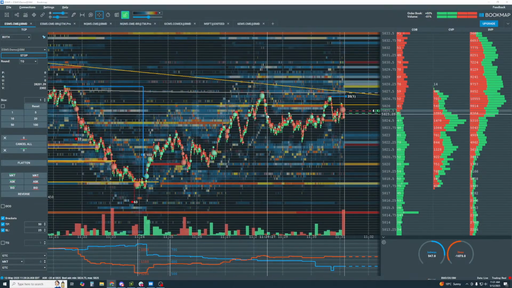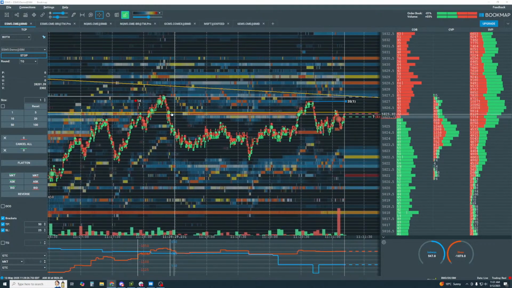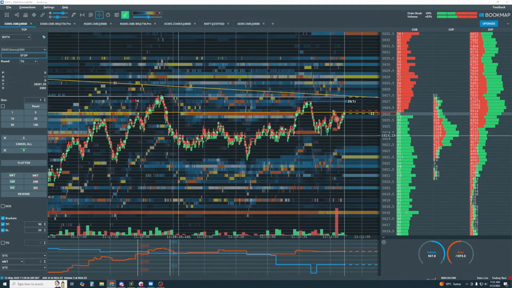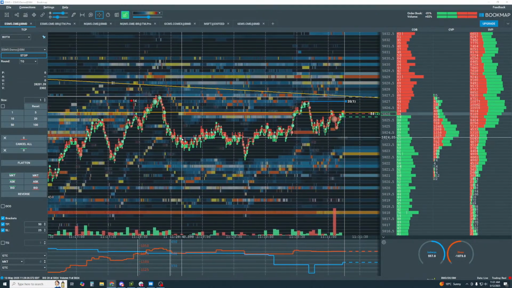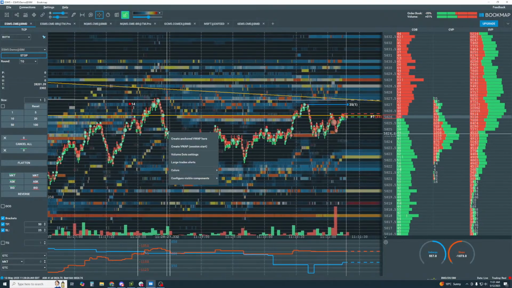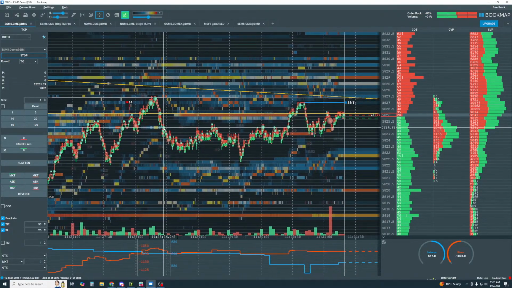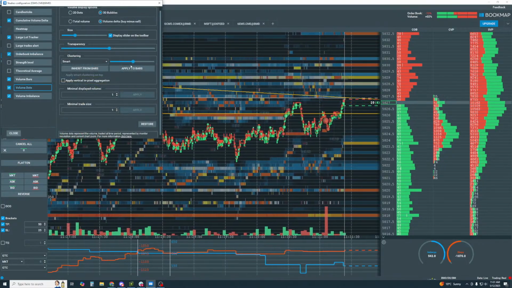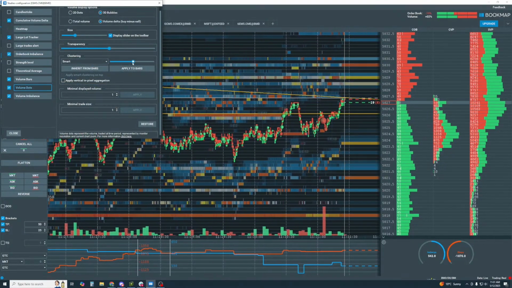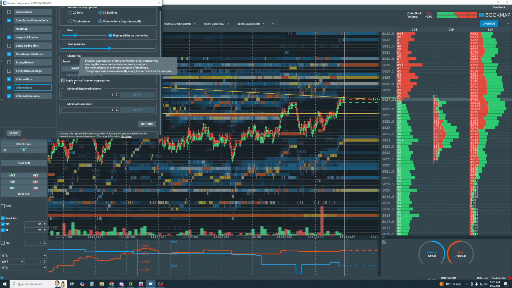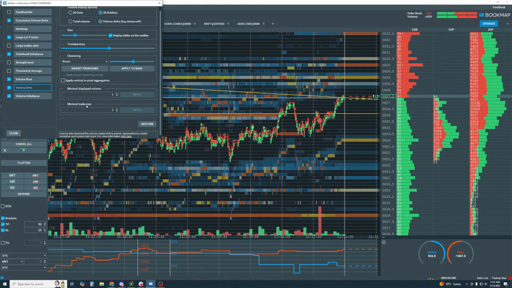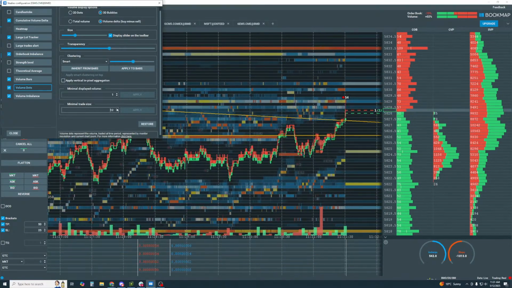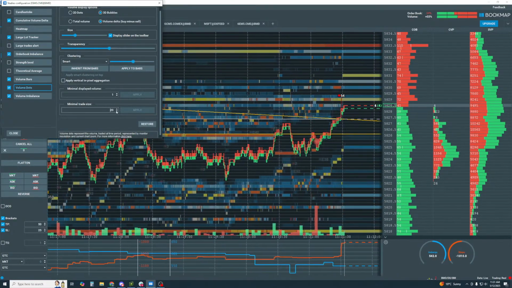Yeah, to be honest, I like to see the follow through in the volume. So I could right click on the bubbles in here and then go to volume settings and I've got it on clustering in here. I can also filter the minimum trade size in here, and look at it that way.